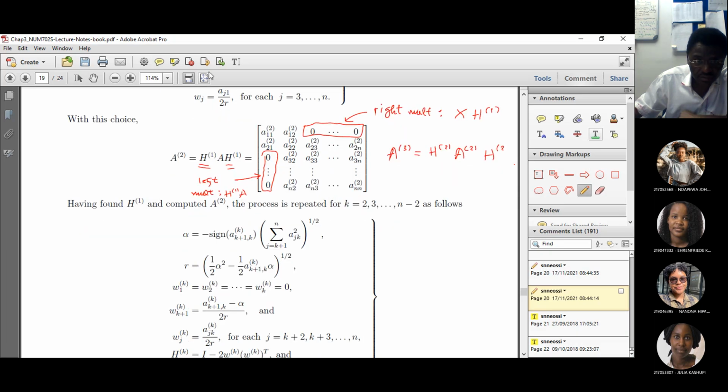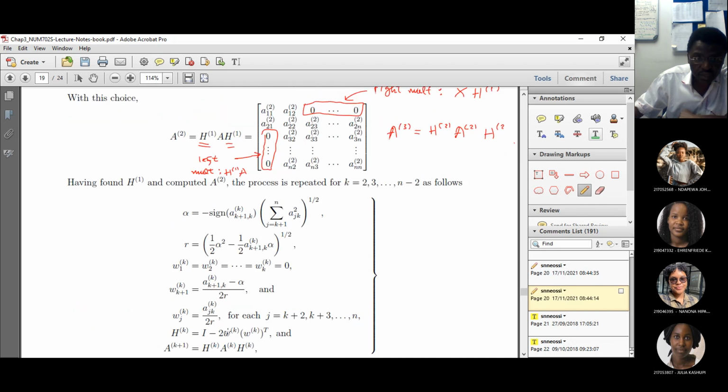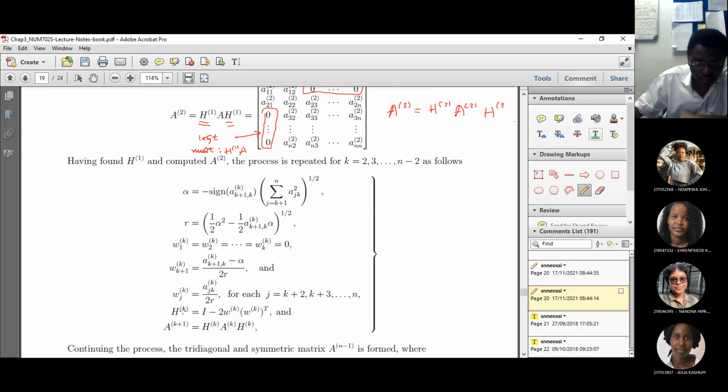So this formula here will give you the A's and HK for K starting from 1 up to N minus 2. That's exactly the same formula that we can use.